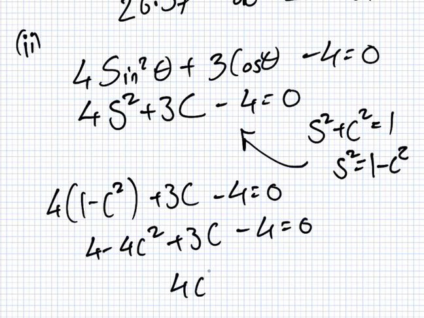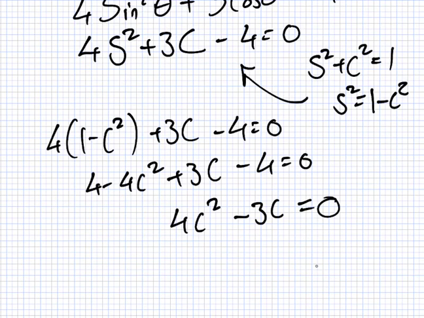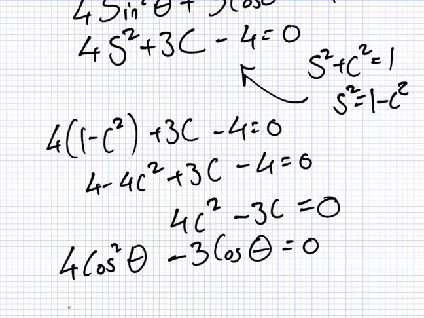So I get minus 4 cos squared plus 3 cos. Both those 4s cancelled. That's a much easier quadratic to solve now. So I'll just write it back fully. It was 4 cos squared theta minus 3 cos theta equals 0.